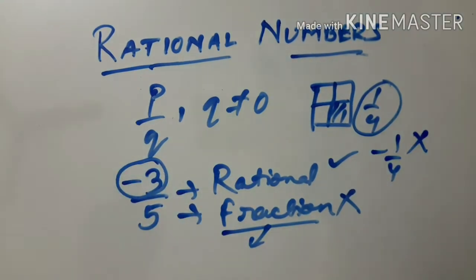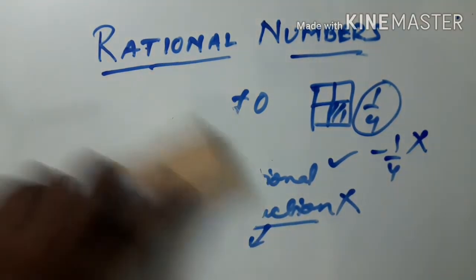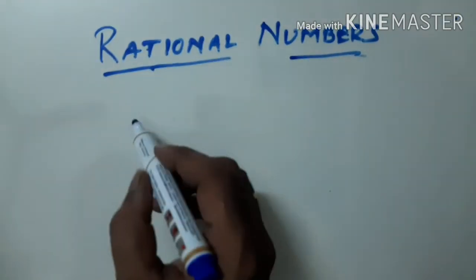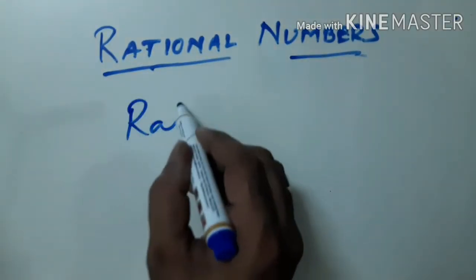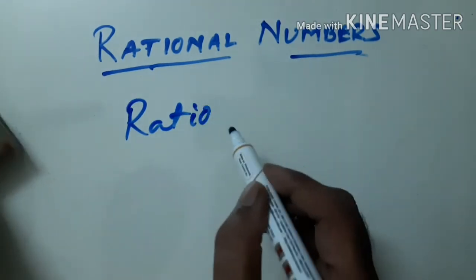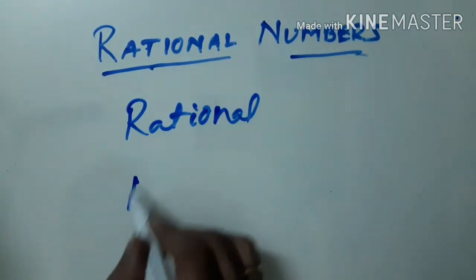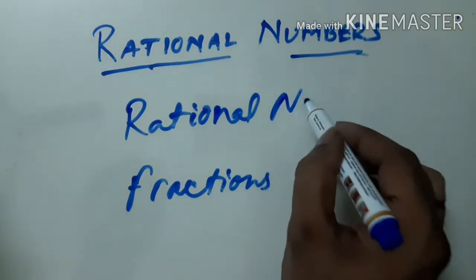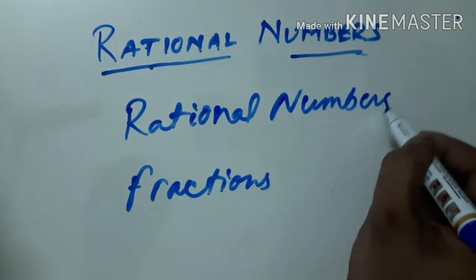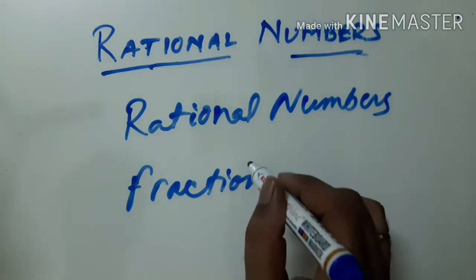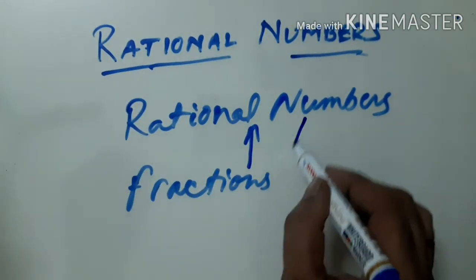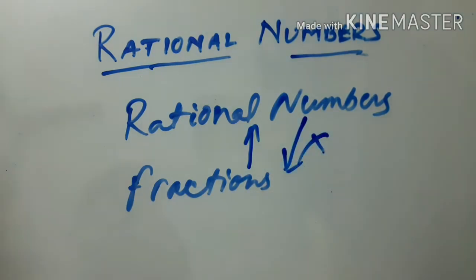So we can say here the relation between rational numbers and fractions. All fractions can be called rational numbers, but all rational numbers cannot be called fractions.